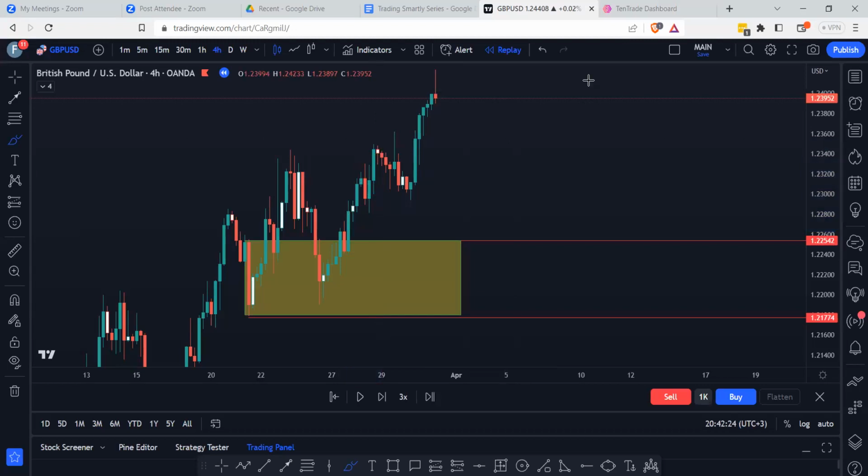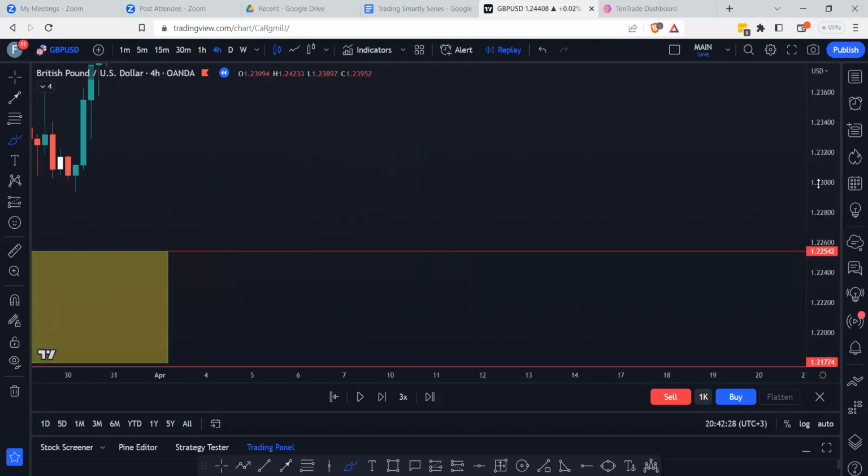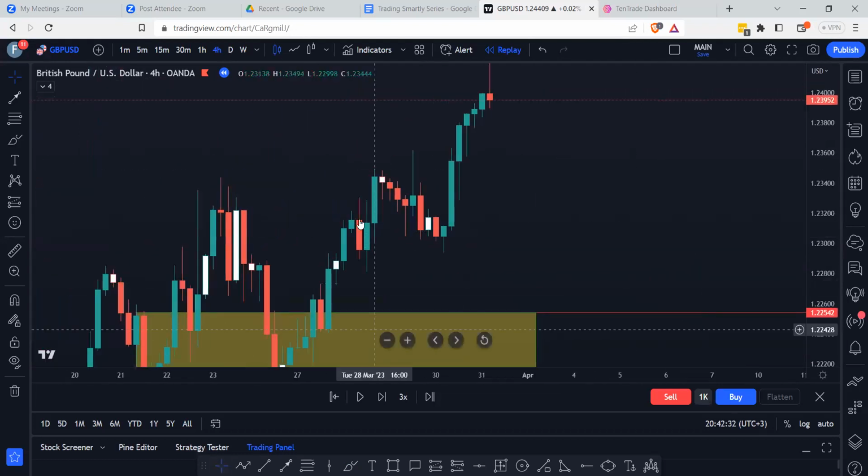Now over here, we have a support zone here. This candle, price went up, and I can see the candle that came down and the price went up. There is a change in direction here. Price going down, and then suddenly it went up.